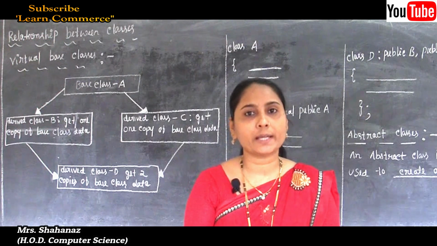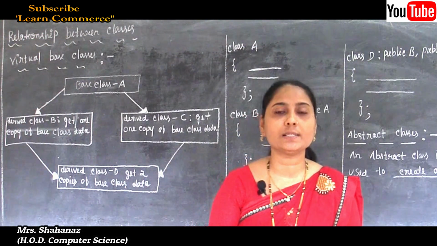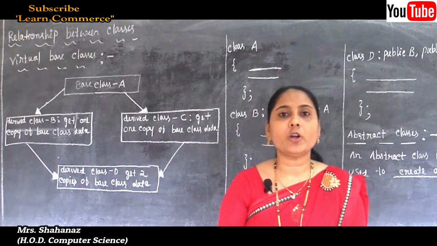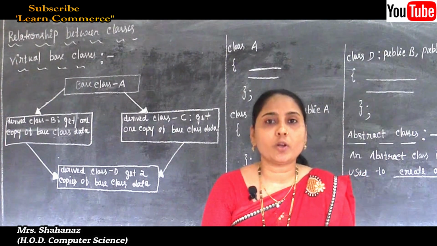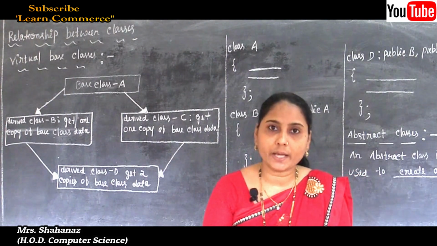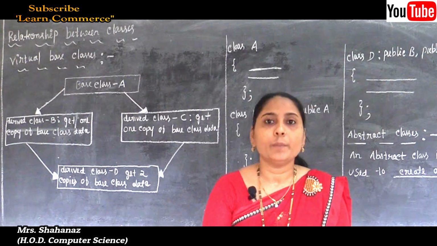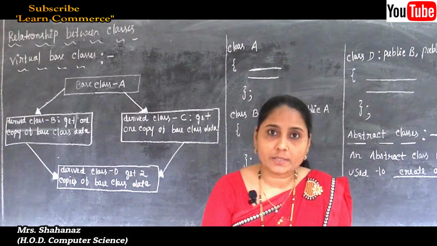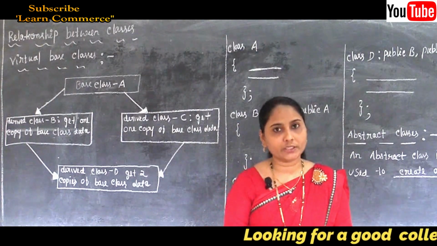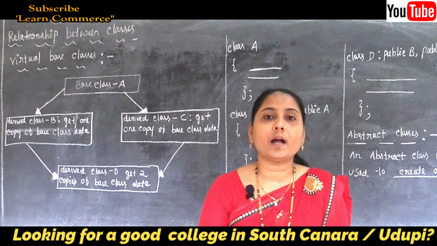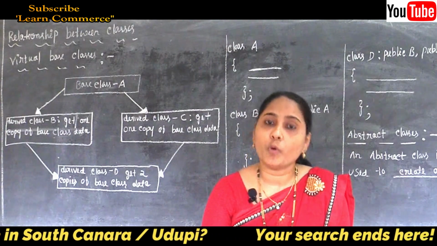Welcome to our second PU Computer Science online classes. In the last class, we already learnt some important concepts about inheritance: the meaning of inheritance, base class, derived class, some advantages of inheritance, and also the visibility modes.